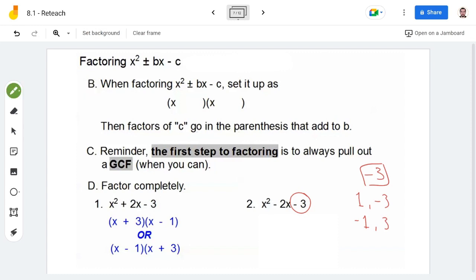Now add these together. 1 plus negative 3 is equal to negative 2. Negative 1 plus 3 is equal to 2. So now, which one represents b? It is negative 3 and 1. Okay, so let's write the answer here. The first is x, the second one is x. Now it should be positive 1 and negative 3. So that's how we can factor.